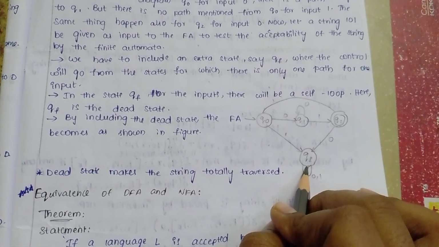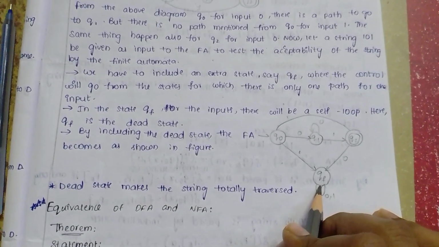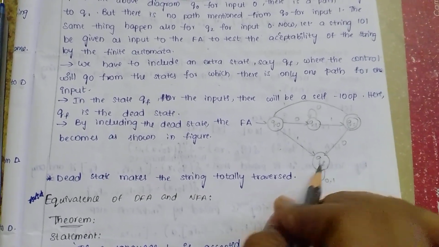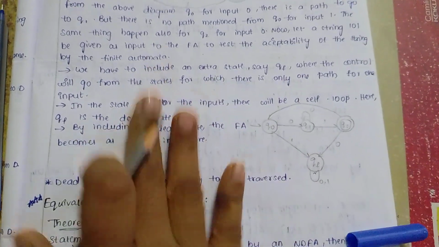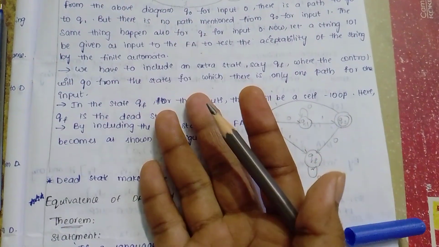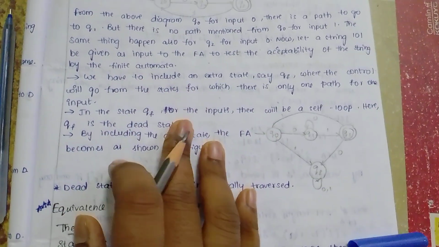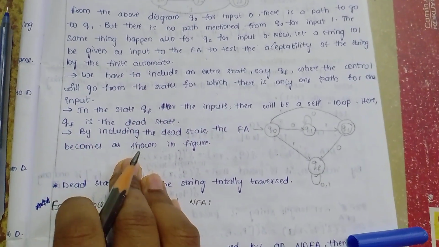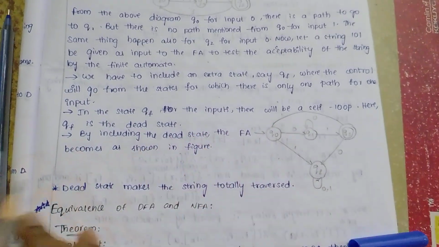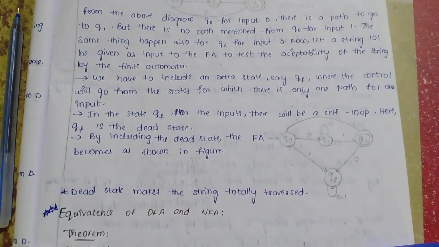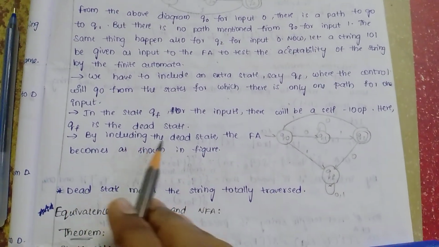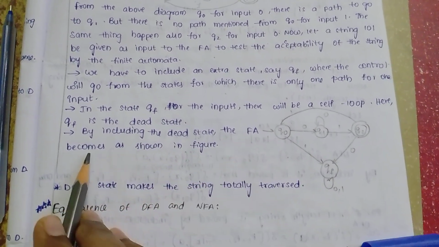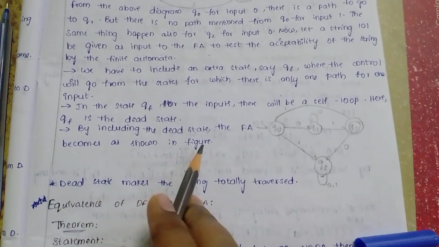So what is a test state? A test state is used in automata to trap invalid inputs and ensure they do not get accepted. Once entered, the machine cannot escape from it no matter what input follows. So here QF is the test state, and by including the test state the finite automaton becomes as shown in the figure.